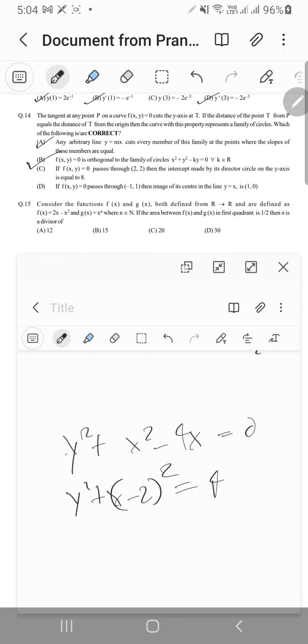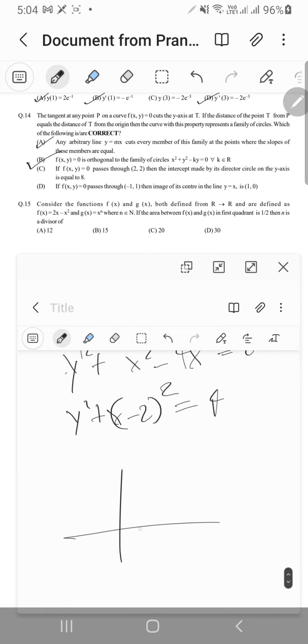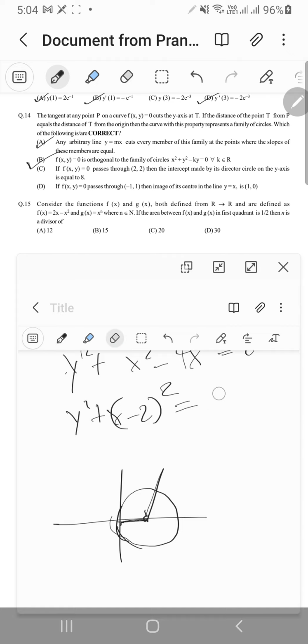Intercept made by the director circle on the y-axis. Let's just draw this. This is the radius 2 over there, and the director circle has radius square root 2 times that, so it's going to be the same left hand side, but with the square of square root 2 times that, like 8.